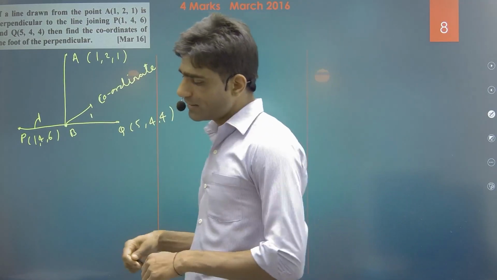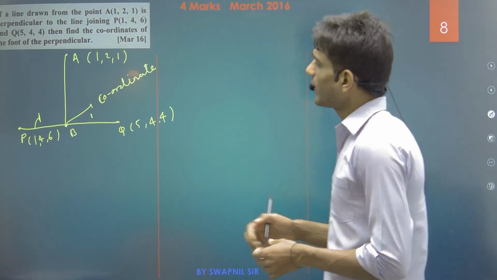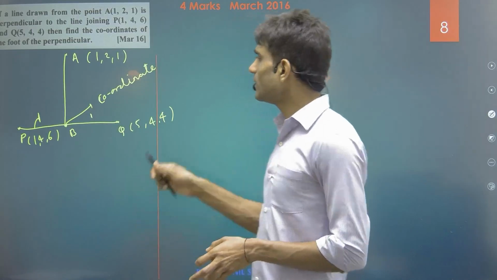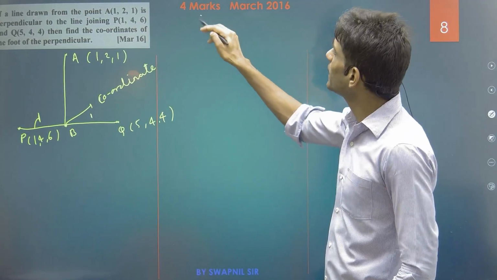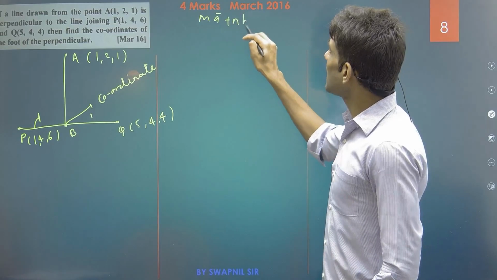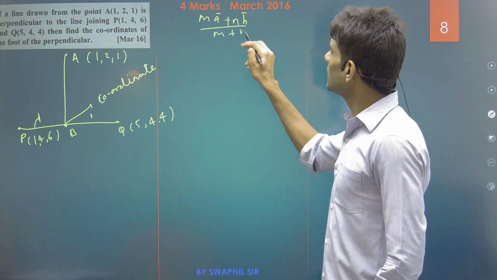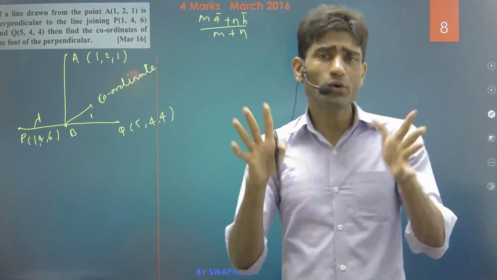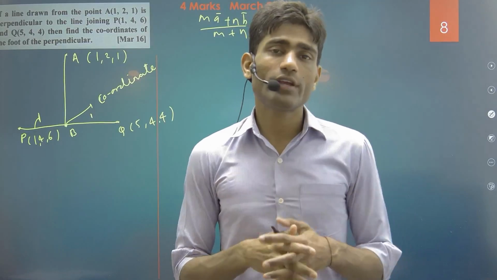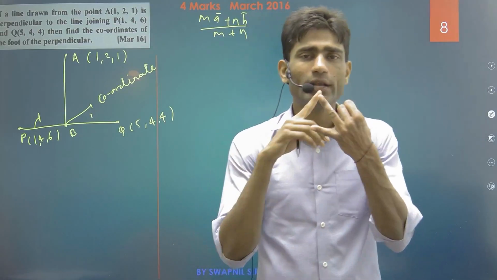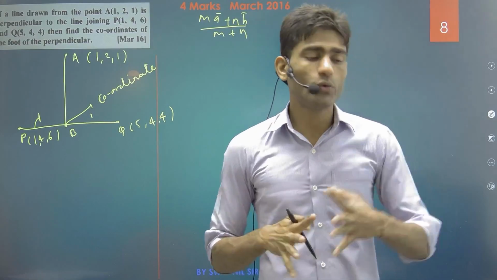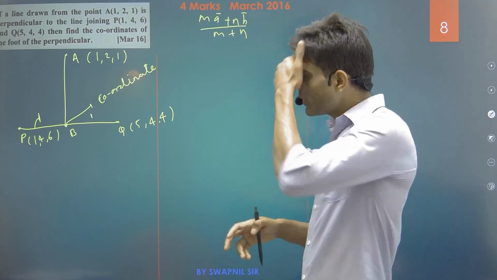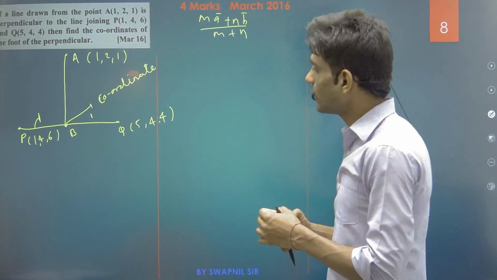So I consider the ratio as lambda to 1 and define the coordinates of point B. By the section formula for internal division, we write (m a bar plus n b bar) upon (m plus n), whenever we have two position vectors. But here we have x, y and z coordinates, so we define the section formula separately for these three coordinates.